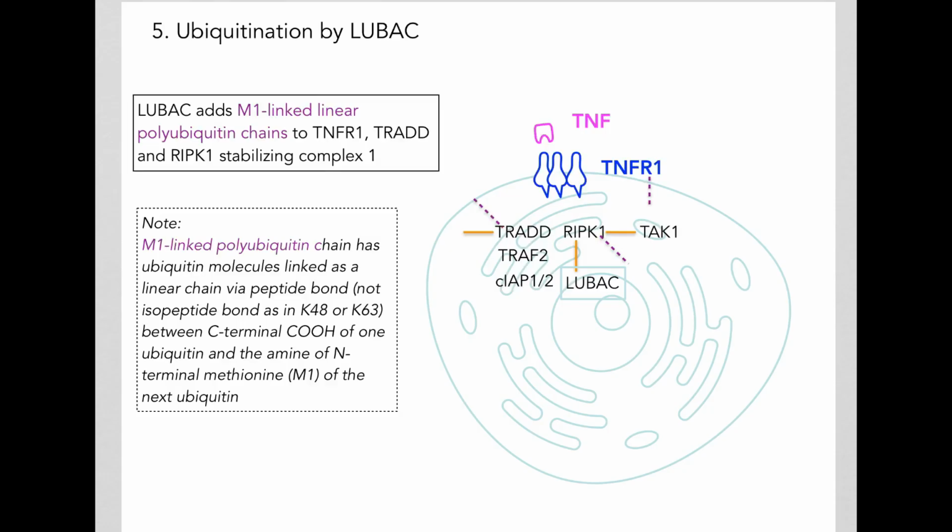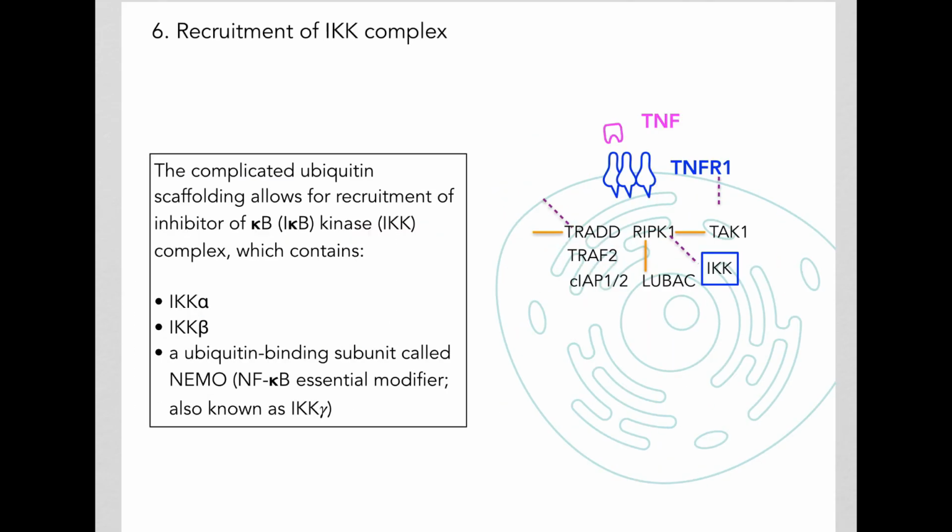Just as a side note, M1-linked polyubiquitin chain has ubiquitin molecules linked as a linear chain via peptide bonds, not isopeptide bonds as we talked about in an early video, as you see in K48 or K63. So here we're talking about peptide bonds. So it's a different type of ubiquitin chain, a linear format.